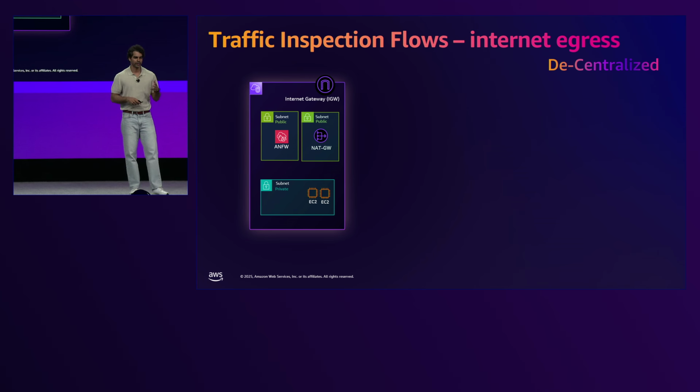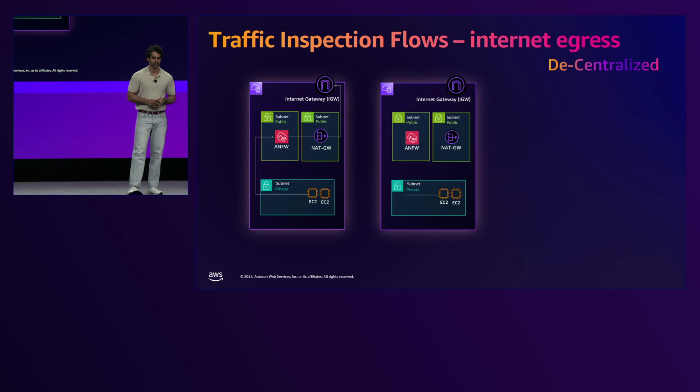An example would be, let's say you have an EC2 instance and it wants to update its Python package, or it wants to download some patches. It'll do it through a NAT gateway because you don't want to expose your EC2 instance directly to the internet, so it sits behind the NAT gateway, and you would deploy an AWS Network Firewall in the data path. So the traffic hits AWS Network Firewall, gets inspected, gets sent to the NAT gateway, and then out through the internet gateway. And the return traffic flows the exact same path back.